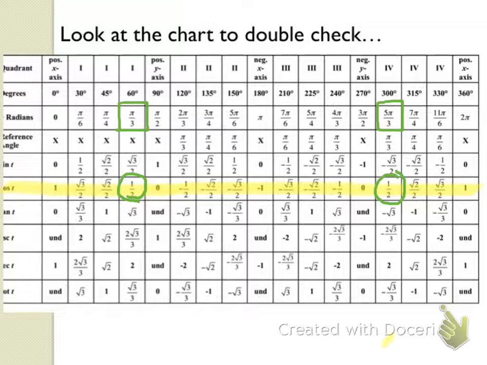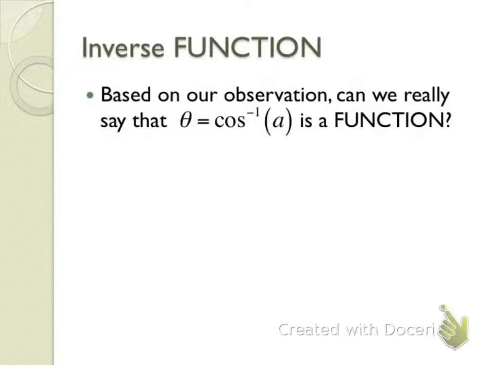If I keep repeating and continue to rotate around the circle, then I would probably get even more angles where I would get a 1/2 for the cosine. So if that's the case, then can we really say that theta being equal to the inverse cosine of something is a function?